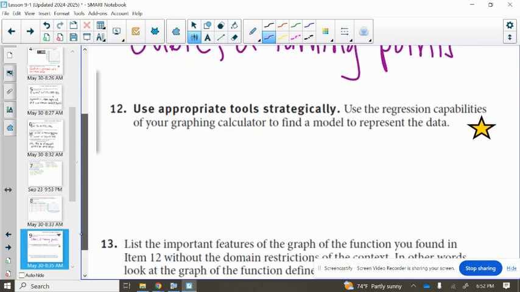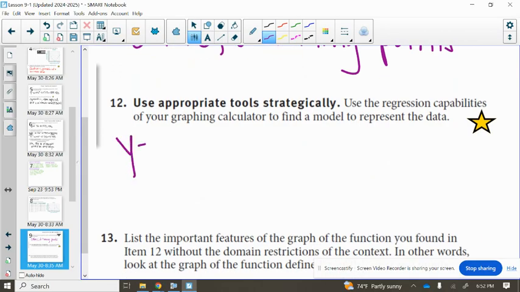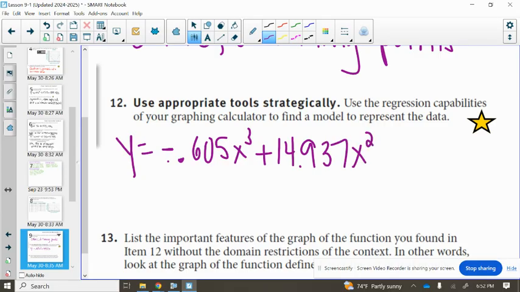And again, now that we calculated using the regression, we have y equals negative 0.0605 x cubed plus 14.937 x squared minus 103.359x, and then plus 239.810. Officially ran out of room on that.